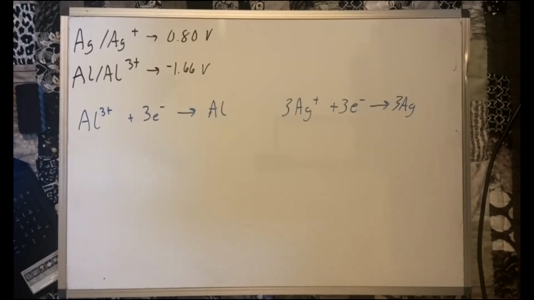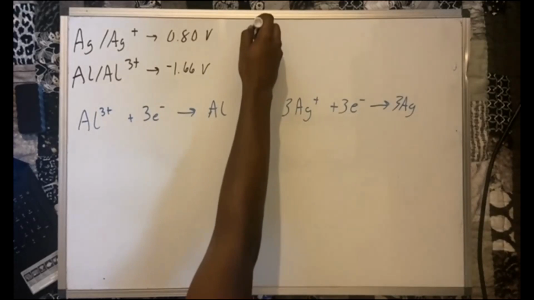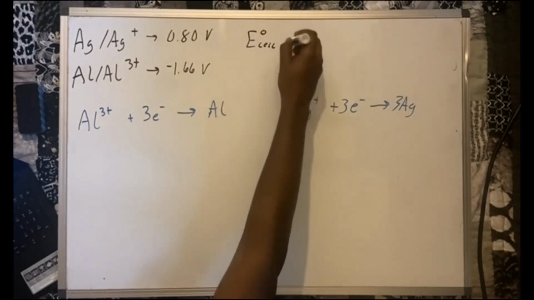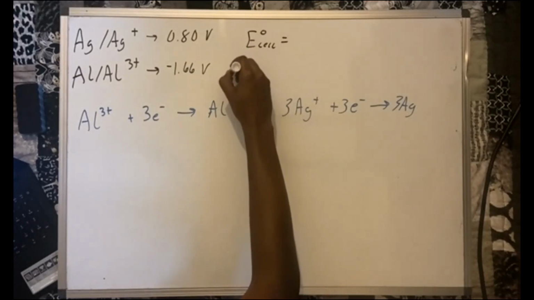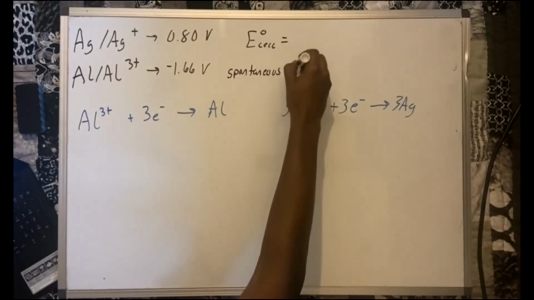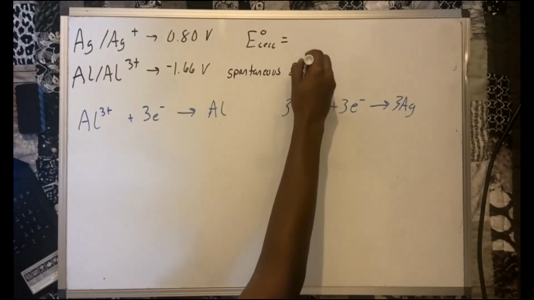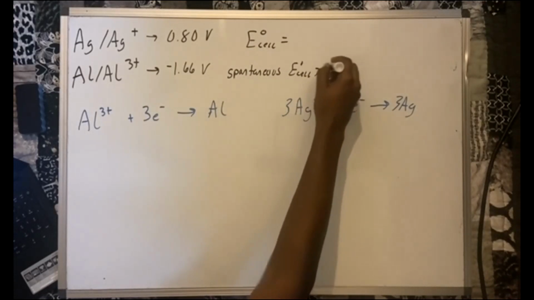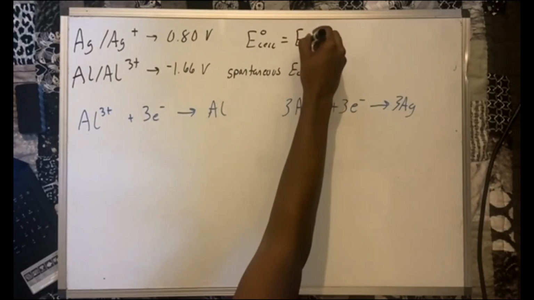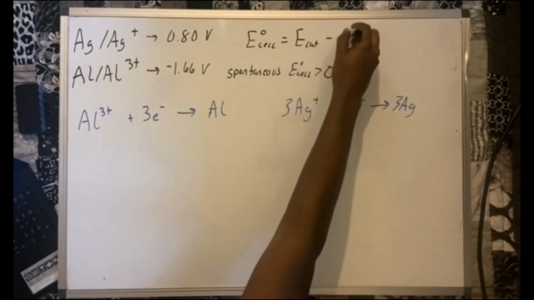Another thing we could think about is if we look at our Ecell, remember you want it to be positive, it's spontaneous when Ecell is greater than 0. So Ecell equals E cathode minus E anode.